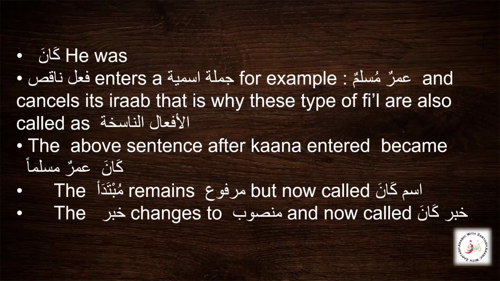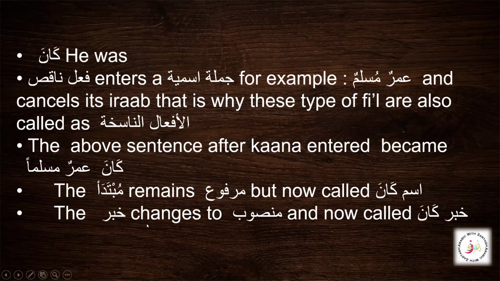So here, when we have this sentence with kana, we have two parts: the ism, the subject, the noun, which the sentence is all about, and the khabar, that gives the description of the meaning. So kana Umarun Musliman, we have this ism kana and we have the khabar kana.